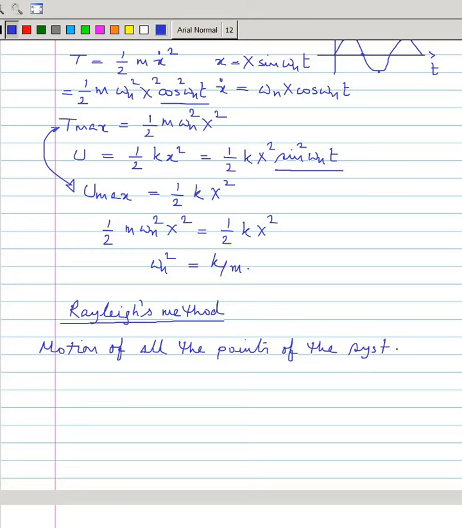All the points of the system can be expressed as a function, or as an approximate function, of a single point.